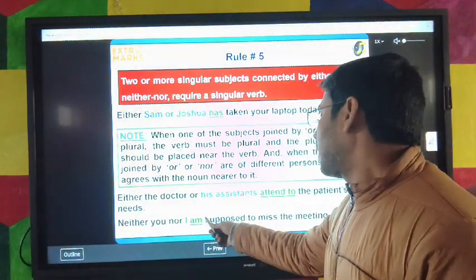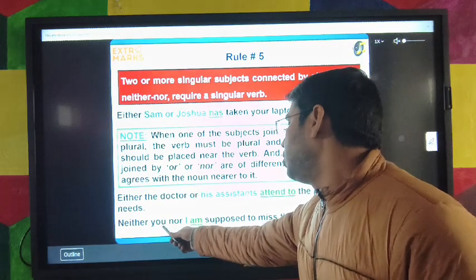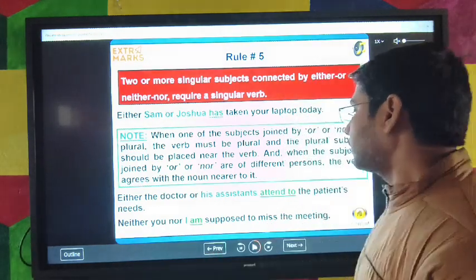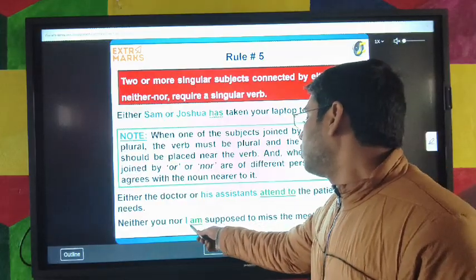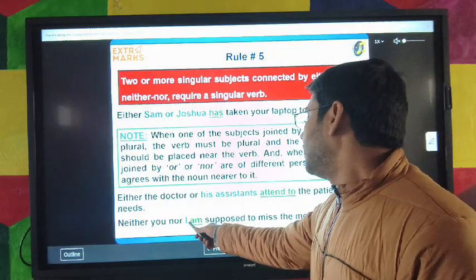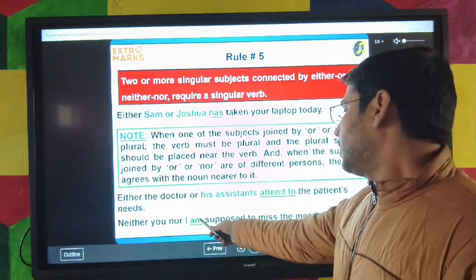Here, neither you nor I. Here two subjects are there, you and I. So we will use the verb according to the nearer subject.